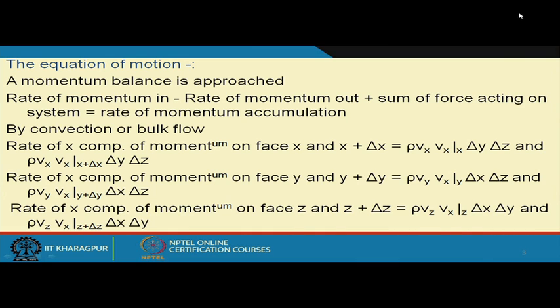Momentum balance, as we have said in the beginning, is done.